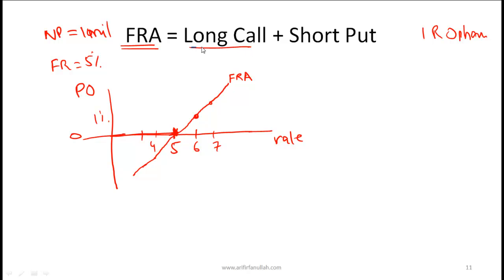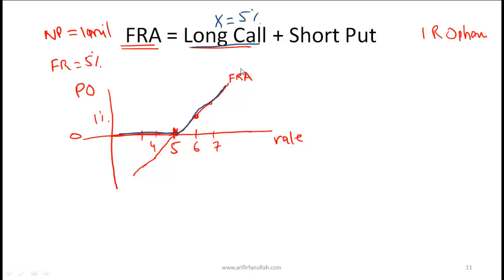Now let's look at the payoff for a long call. So the long call will be in blue. So this is an interest rate option. Let's say that the strike price on the long call is 5%. The payoff, as you've seen before, would look something like this. So we'd have this, and then it would go up. So it would track the forward rate agreement.